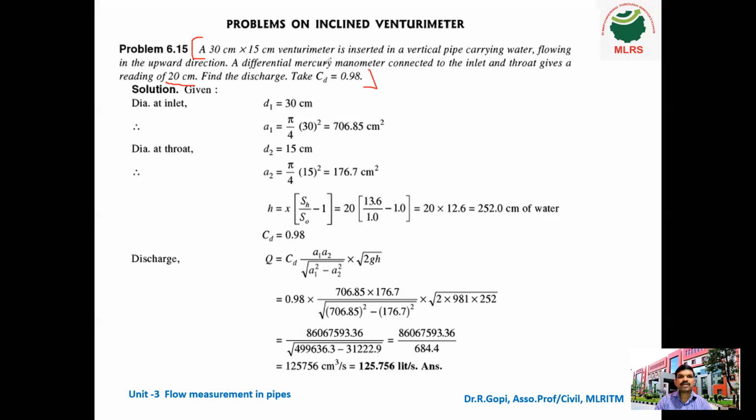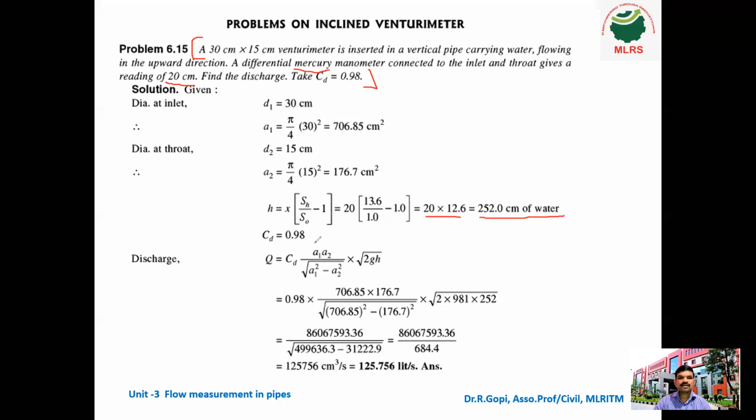Here the manometer has mercury, whose specific gravity is 13.6, divided by S0, the specific gravity of the lighter liquid. The pipe carries water only, so the specific gravity is 1. Finally we get 12.6, and 20 into 12.6 gives 252 centimeter of water. This is the pressure head.